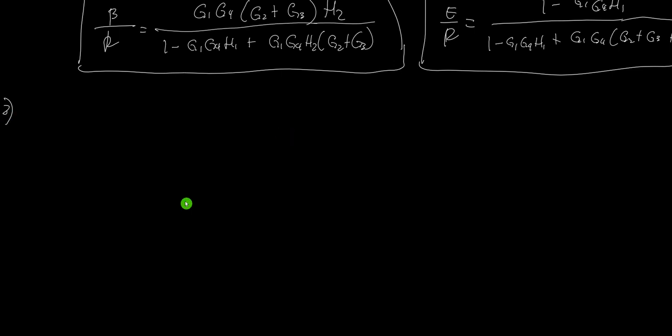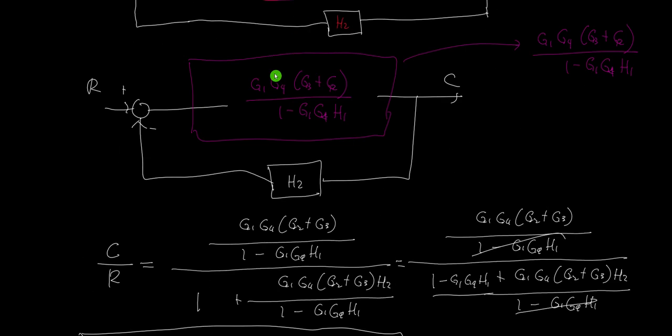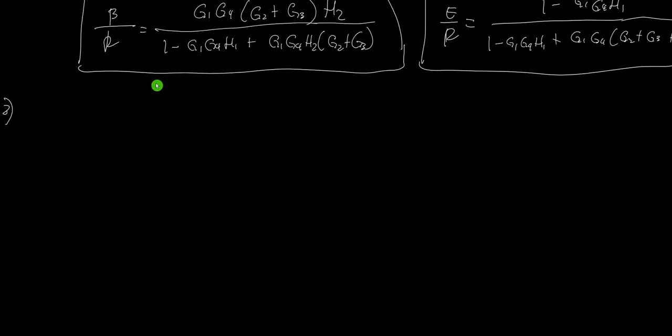Or before that, what if we're given the transfer function here? So instead of G's and H, it's the actual transfer function. So let's say this block is just equal to 1 over S plus 1.